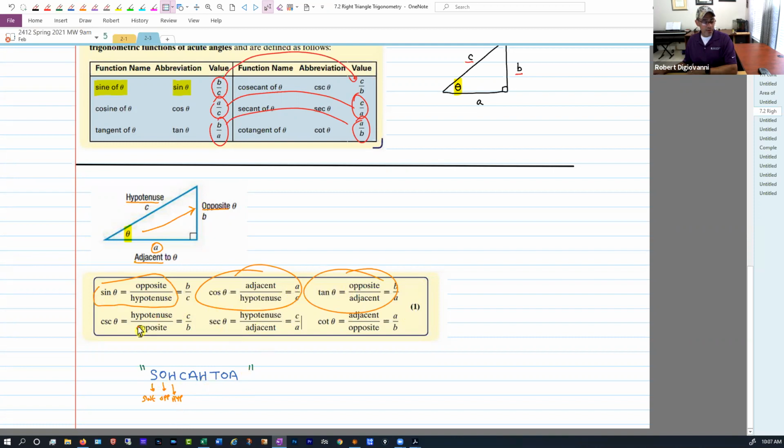Now the other three, cosecant, secant, and cotangent, you just have to remember are these flipped over. So cosecant goes with sine, cosine and secant go together, and tangent and cotangent go together.